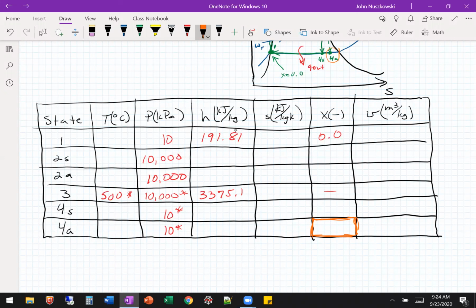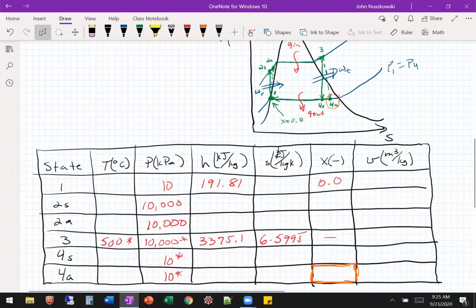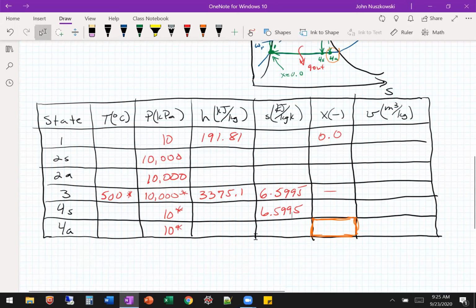So we can grab our entropy from the tables, and then at 4S, as we see in our diagram, the entropy is the same, okay? So that means we have 6.5995 here also, and now the state at 4S is fixed. We have 2 independent intensive properties, so then we can get everything we want there, okay?